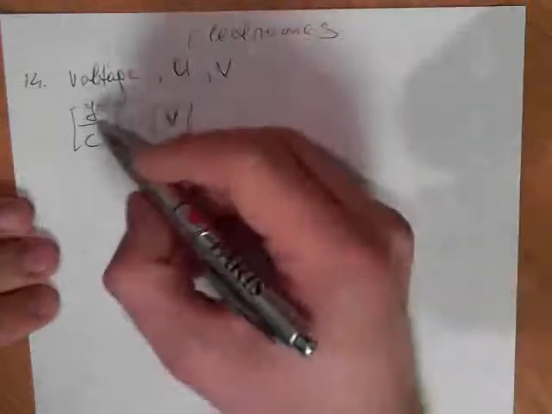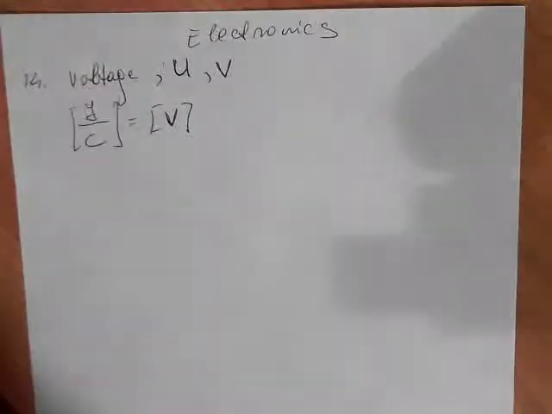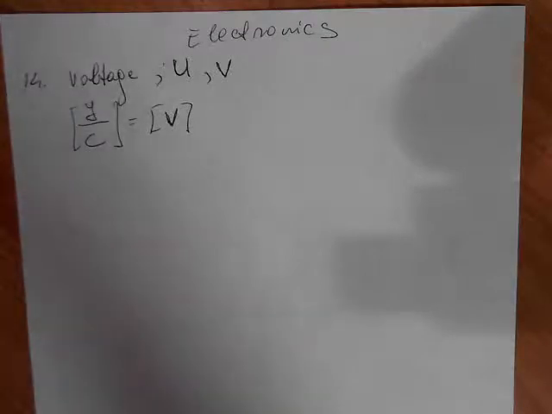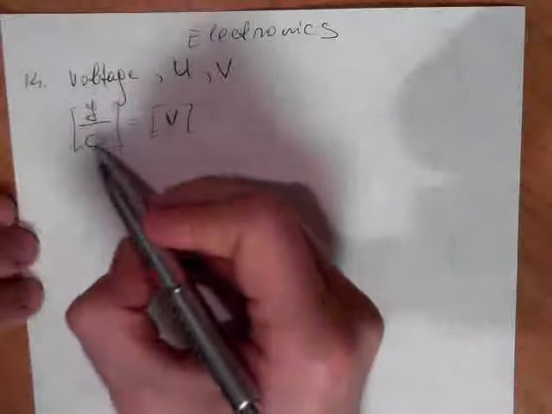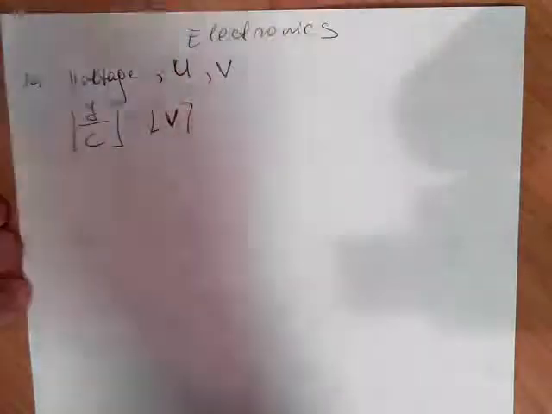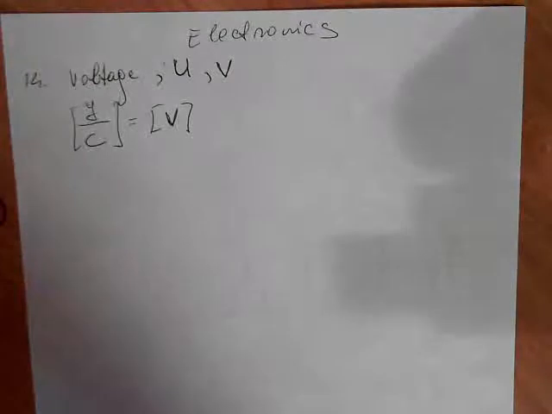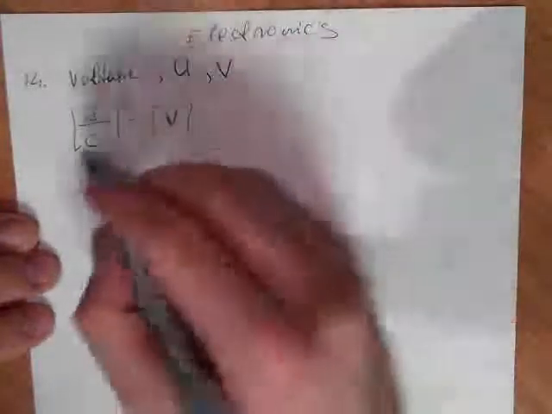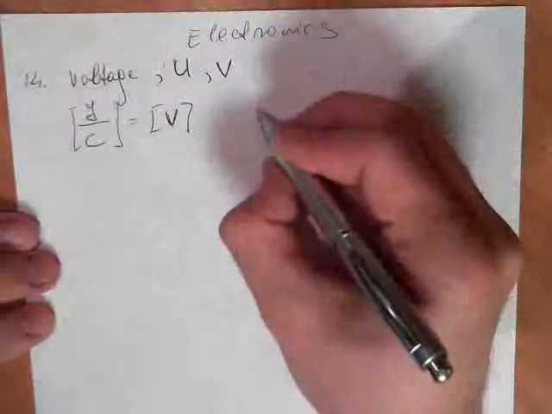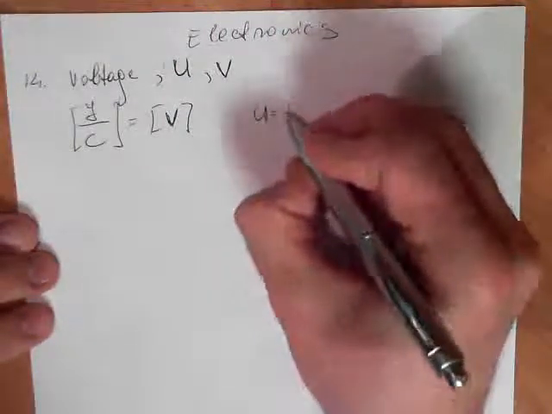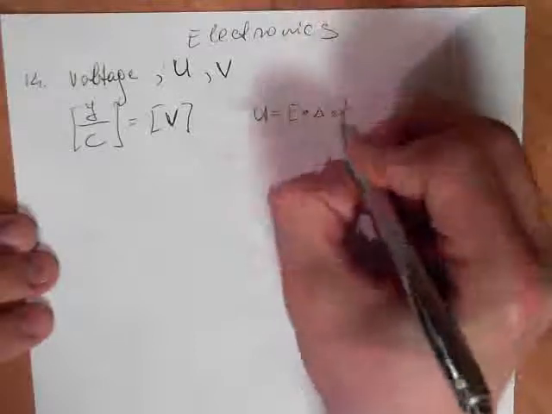Voltage is joules per coulomb, so it is basically the potential energy for 1 coulomb of charge. An electric charge obtains this energy when it is positioned in an electric field.